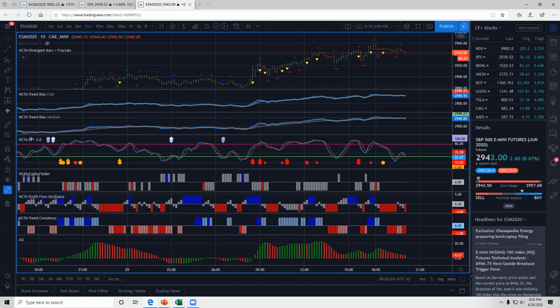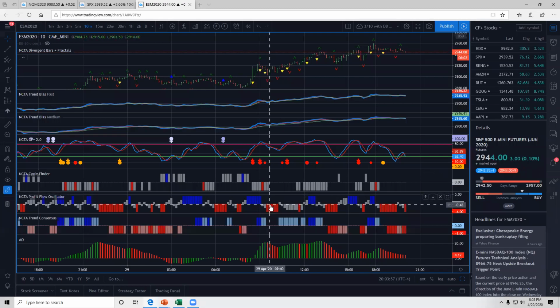Todd, we are not using all of the signals that you see on the chart for each trade indication, each trade decision. Right now in this current environment, we're primarily using the Cycle Finder Plus. There will come a time where the market will shift in its volatility and its nature, and that's when we find a huge amount of success in a combination of the original Cycle Finder and the Profit Flow Oscillator.